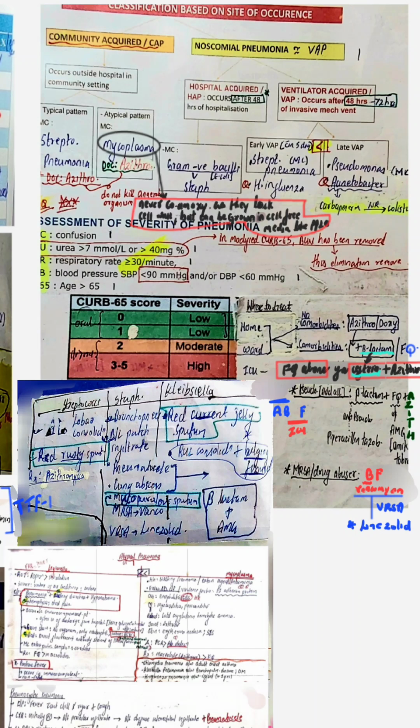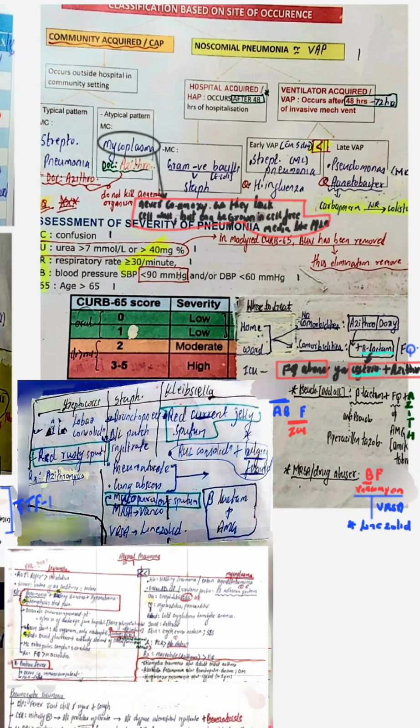But if they say methicillin-resistant Staph aureus, or the patient is an IV drug abuser, here we give vancomycin plus fluoroquinolone.